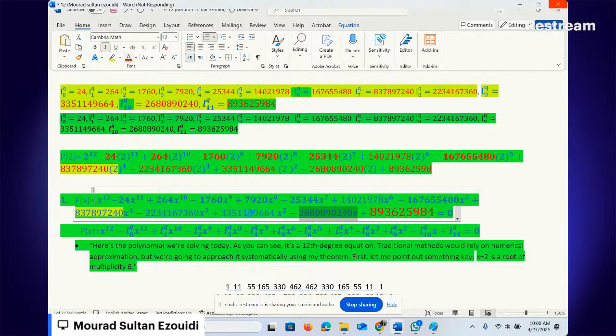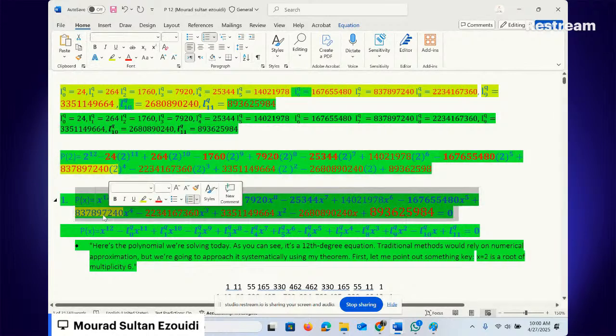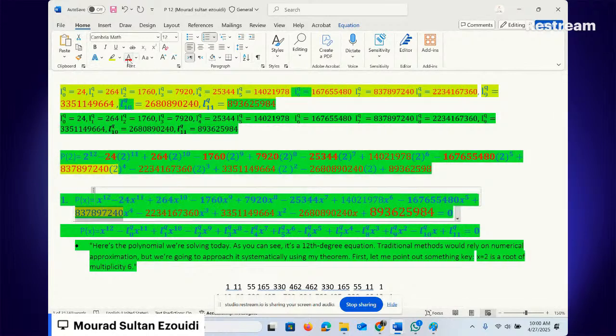Even ChatGPT or DeepSeek, both of them, make a confession that they could not solve a 12-degree or 9-degree equation, because they don't have the method. Now I'm going to color the coefficients so that it is clear in front of your eyes, and Professor Murad Sultan really starts solving this 12-degree polynomial equation.